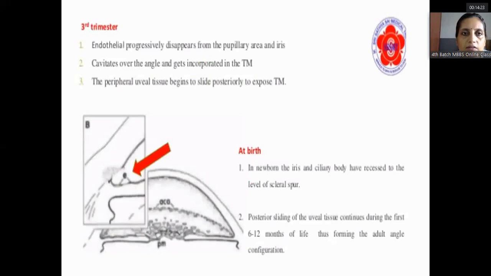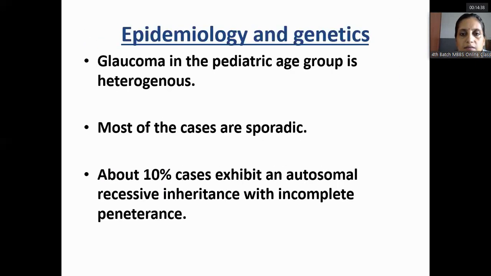And at the third month, gradually the cavities form and peripheral uveal tissue begins to slide posteriorly. At birth, these are separated. Sometimes they may not be separated and they persist.